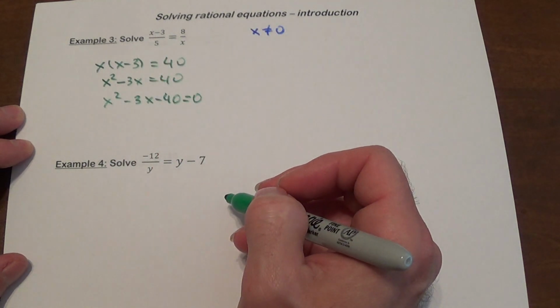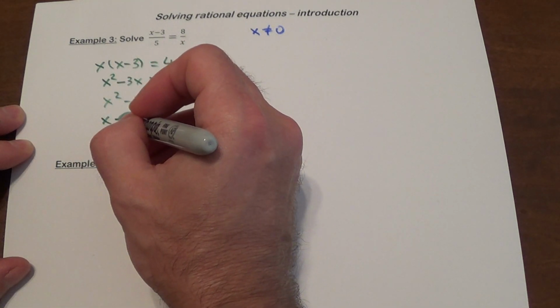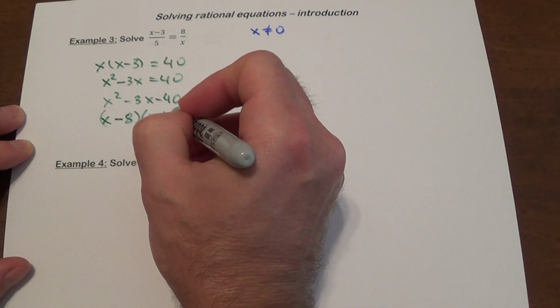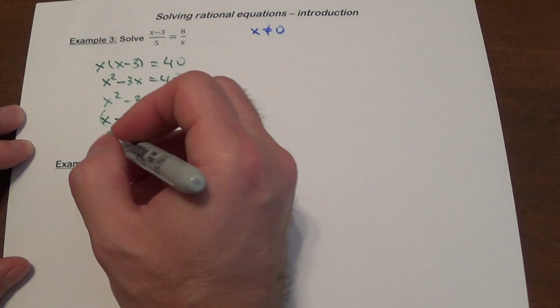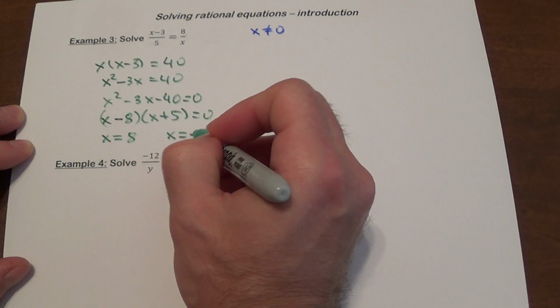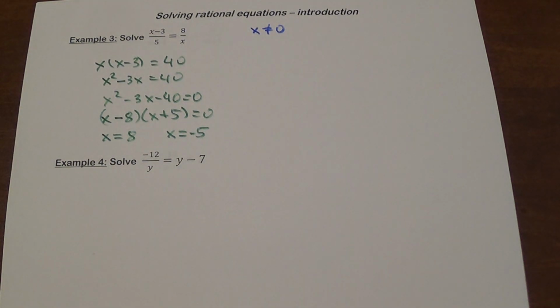This is a quadratic equation. This can be solved by factoring. It's going to be x minus 8 times x plus 5 equals 0. It's going to give us two solutions, x equals 8 and x equals negative 5. Are any of them going to create problems for us? No.